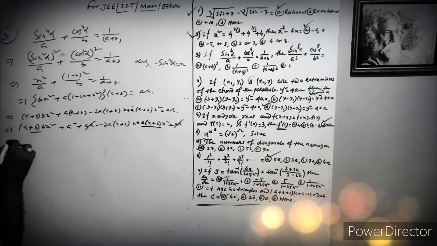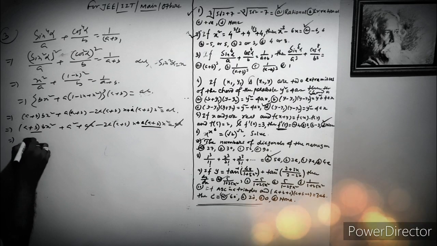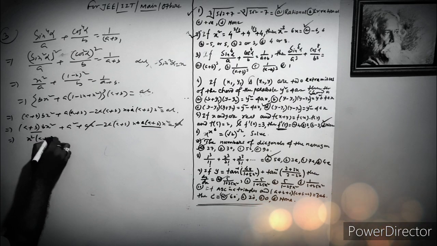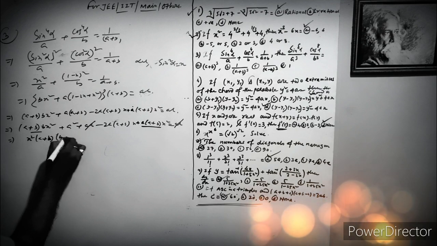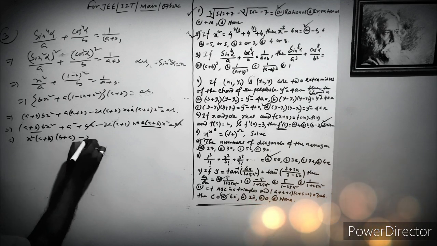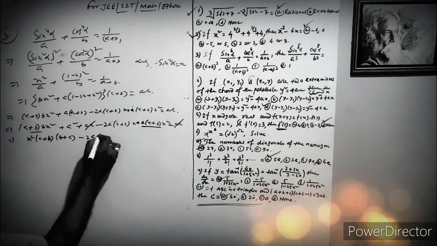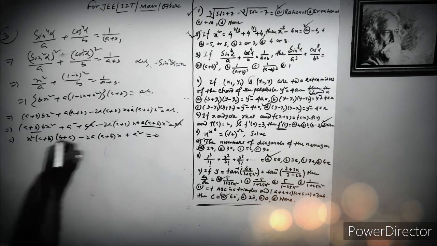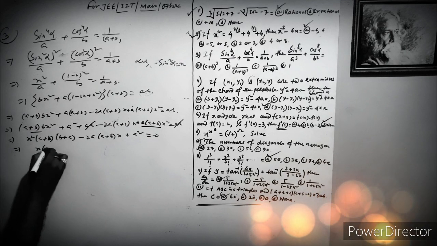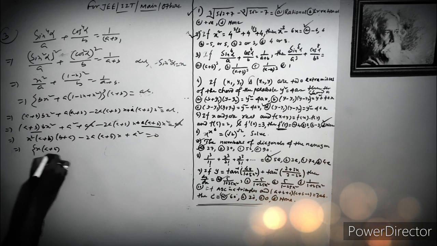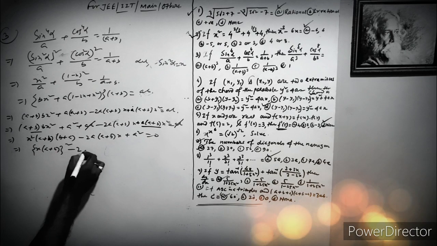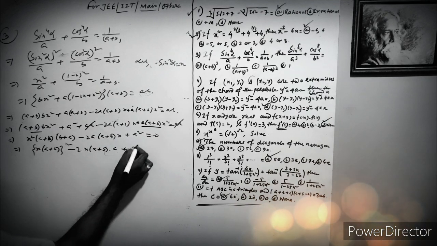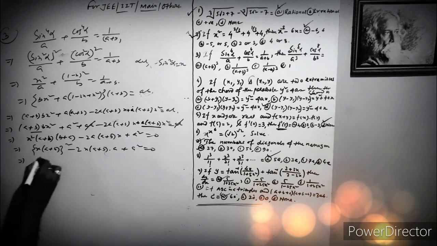From these two, we take common x square A plus B, and then we have left B plus A. So minus twice A into A plus B into x plus A square equal to 0. So x into A plus B whole square minus twice x into A plus B into A plus A square equal to 0.